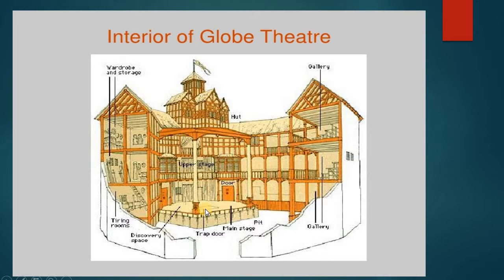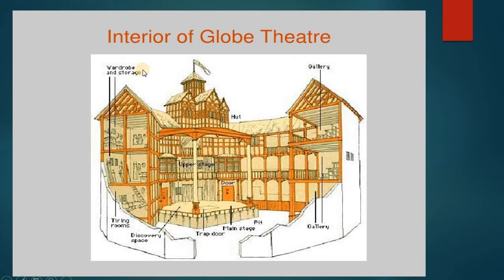As you can see, there is a square or rectangle shape here. That is a trap door. Then the discovery space, this area, the tiring rooms, and this area are the wardrobe and storage. So these are the parts of the interior of the Globe Theatre.